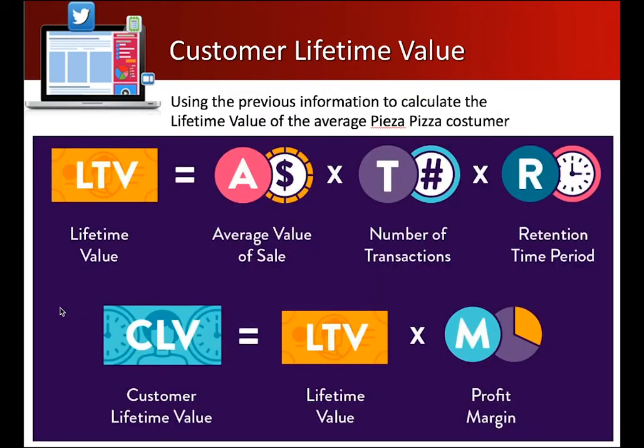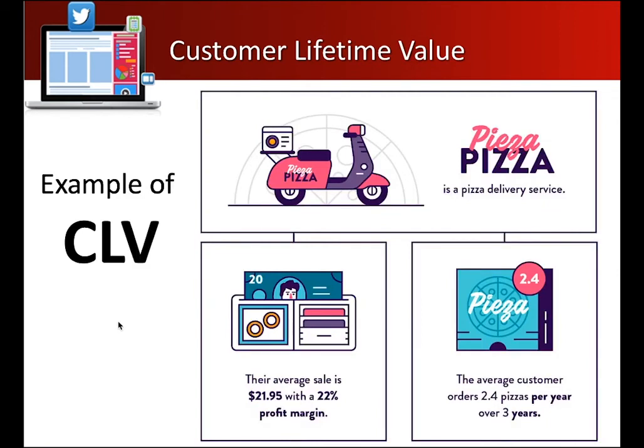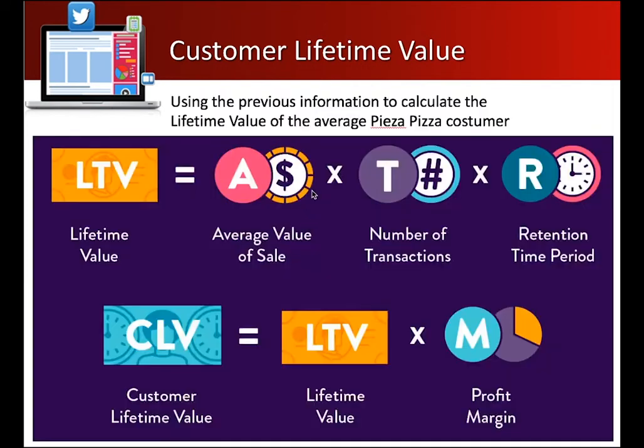So back to the formula, the first element we need is the average value of sale. Back to our example, the average sale is $21.95. So we're going to place here $21.95. Then the second element we need is the average transaction, the frequency of transactions.